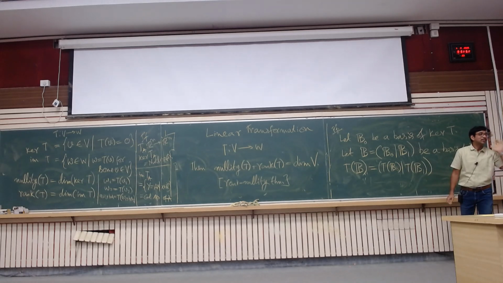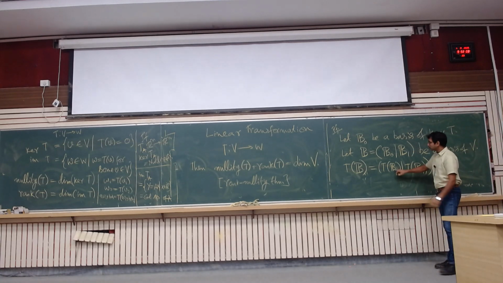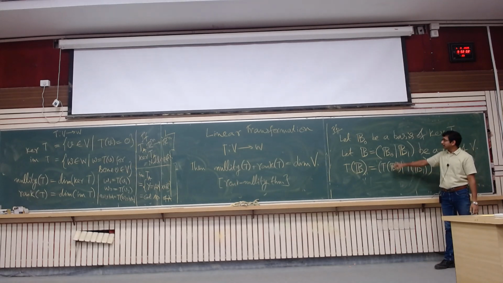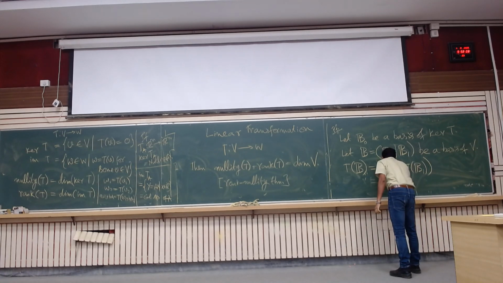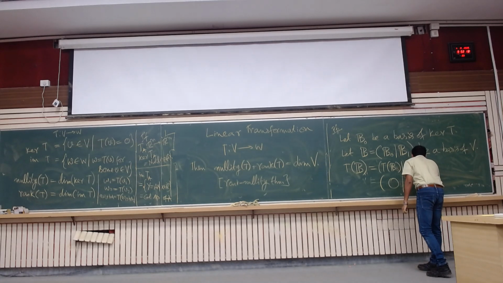It is 0. Because? Very good. What's your name? Savit. Okay. Thank you, Savit. Because all the elements of B0 are in the kernel, right? B0 is the basis of the kernel. So all the elements should go to 0, right? So you can write this as 0, the set of zero vectors, and then T of B1.